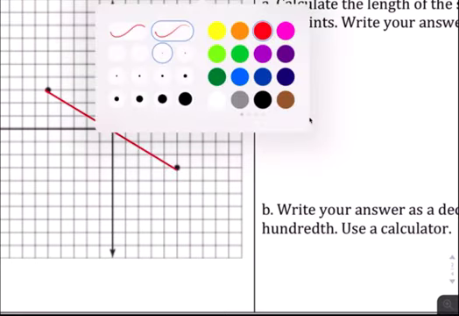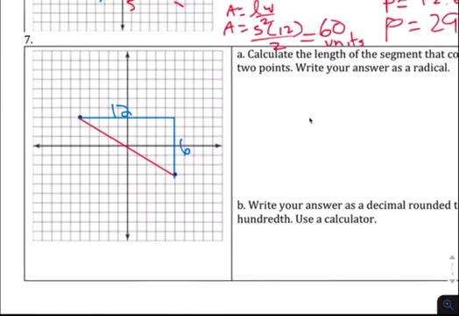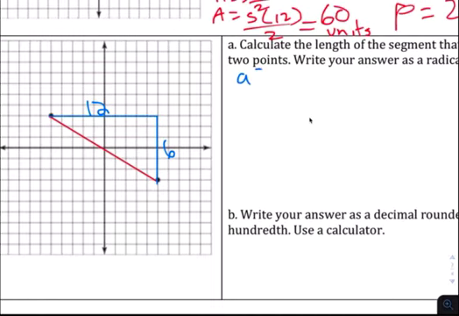Okay, and then you draw a line across like this. Oh, that's too far because there's nothing there. That's 6, it's 12. Okay, so you do a squared plus b squared equals c squared.